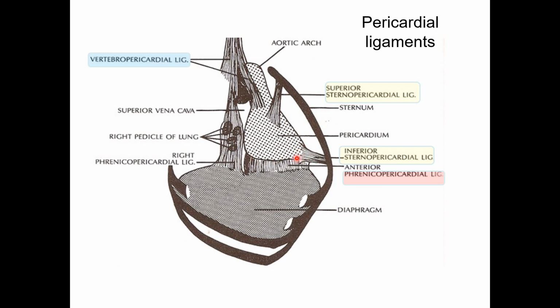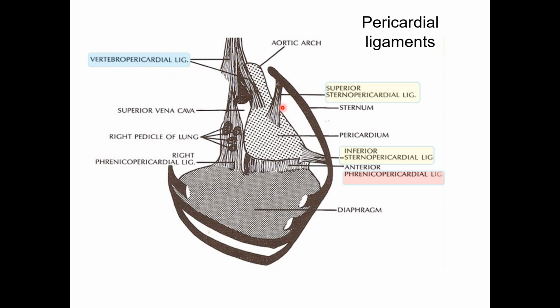From the inferior surface of the heart on the diaphragm towards the diaphragmatic fascia, we have the phrenico-pericardial ligament, so it is fixed from below. And from the base of the heart near the great blood vessels like the aorta and pulmonary trunk, we have fibrous bands going towards the vertebral column. These bands are known as the vertebropericardial ligaments.